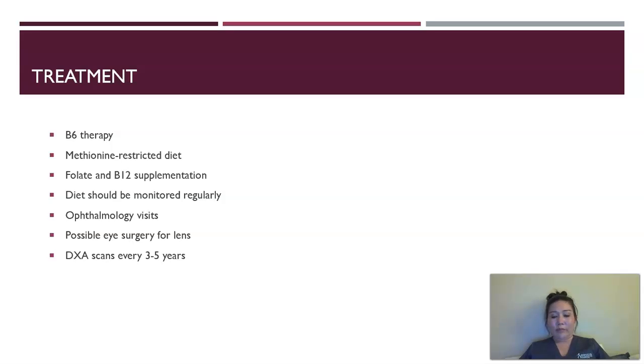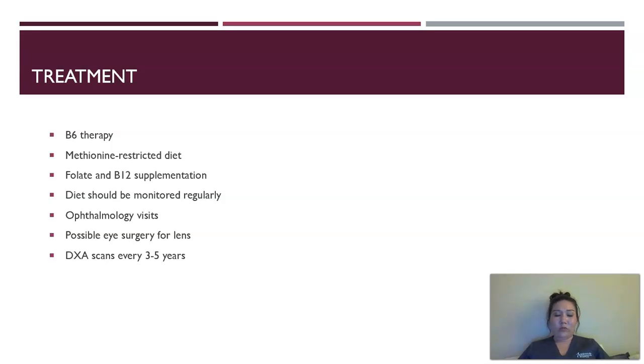This diet is for life, so it's not just something that can be corrected. Obviously, we know because the gene is mutated. You want it to be managed by a metabolic dietitian, so someone very specialized in this area. Like I said, most B6 responsive individuals are still on a methionine restricted diet just for control.